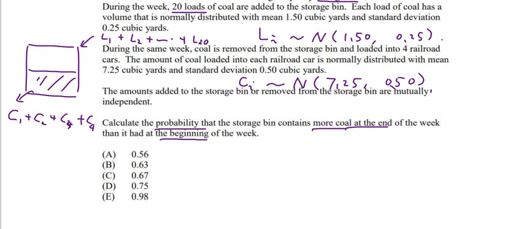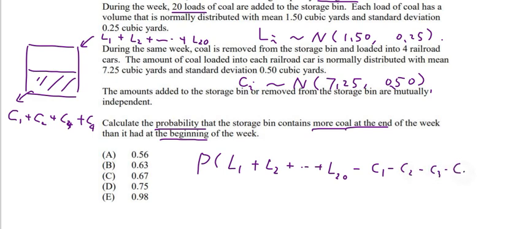So we want to find the probability that L1 plus L2 plus up to L20 minus C1 minus C2 minus C3 minus C4 is larger than 0. We want to find such a probability.